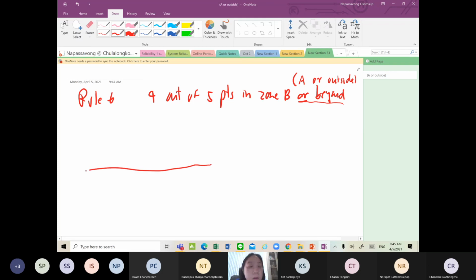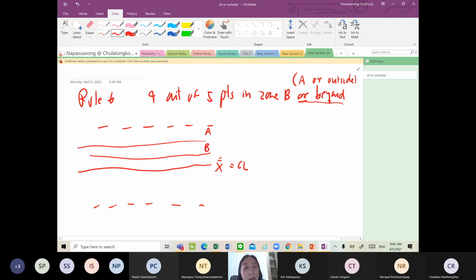So if you have the center line at this level, and then the control limits, with zone B here, and A, C. If you have a pattern like this, beyond zone B, in zone B, beyond zone B, beyond zone B, 1, 2, 3, 4 consecutive points, this pattern shows that the mean of the process shifted up.